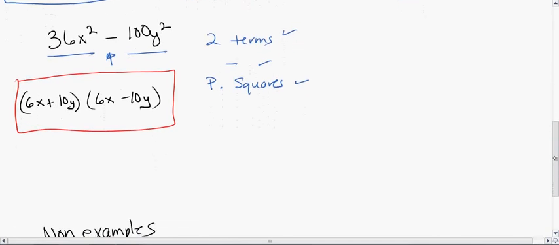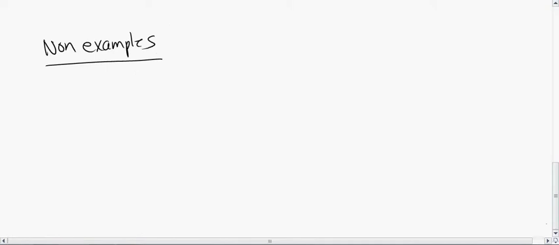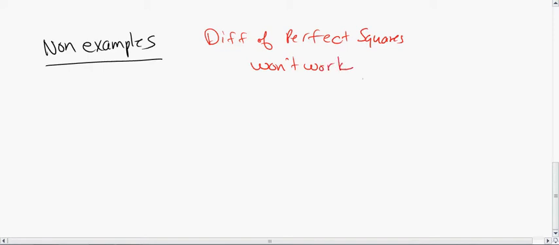All right, the last thing that I want to do is just to show you some non-examples. Some times when the difference of perfect squares won't work. So basically, when I go down my checklist, something about the checklist fails. So let's see.